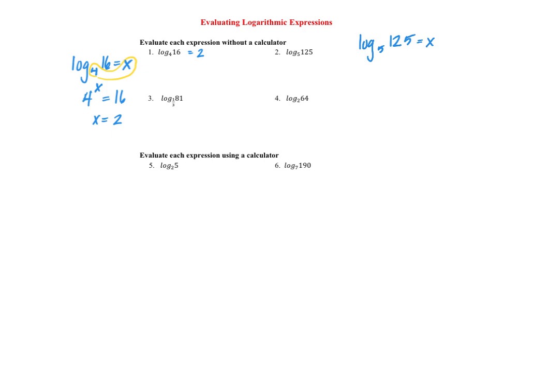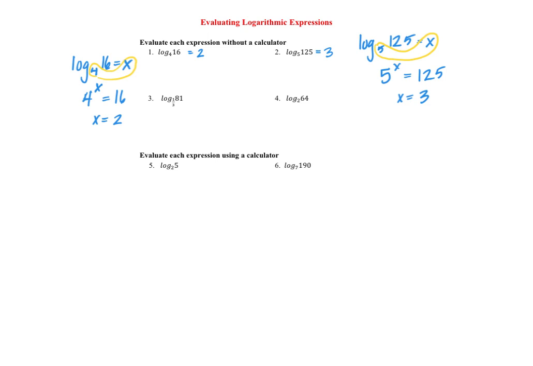So let's change this to an exponential equation. 5 to the x equals 125. Well, I know that 5 cubed is 125. So that means the value of this expression, log base 5 of 125, is going to be 3.